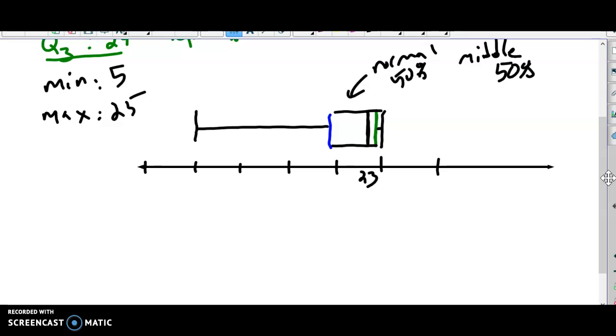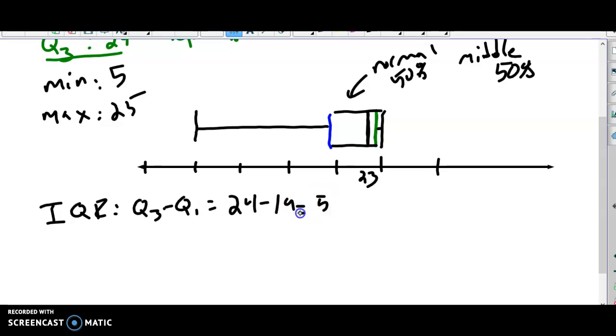But this normal right here, the distance between the Q3 and the Q1, is called my IQR. So my interquartile range is my IQR, and that's going to take my Q3 and subtract my Q1. So for my IQR here, I'm going to take my 24 minus my 19 and I get 5.